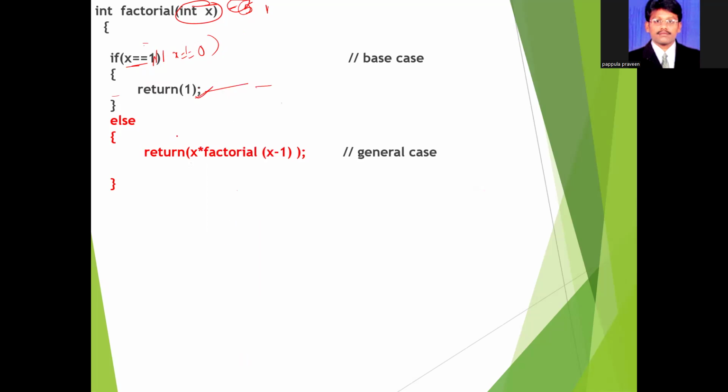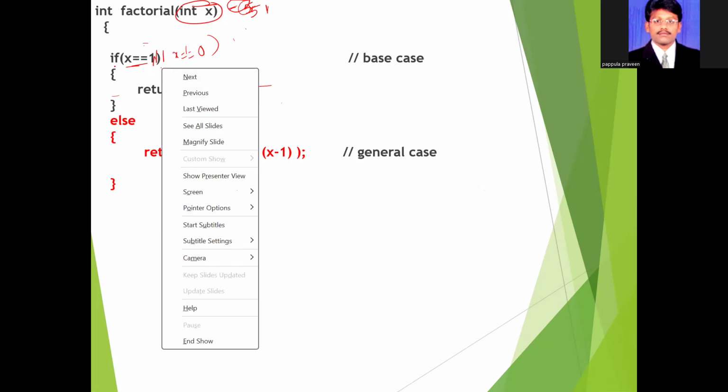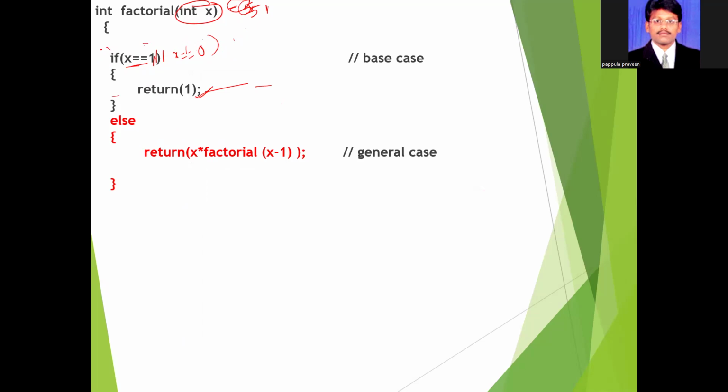The general case is nothing. So for example, now I want to enter n value equal to 5. Now 5 equal to 1, no. 5 equal to 0, no. So the control goes to the else part. This is return x into factorial of x minus 1. Now x equal to 5, right?